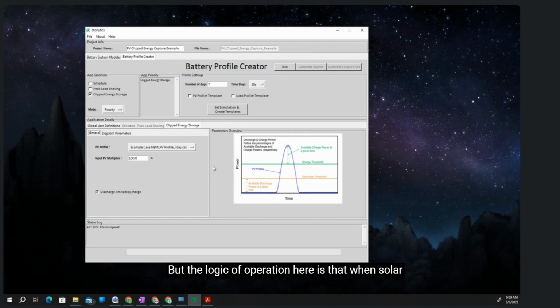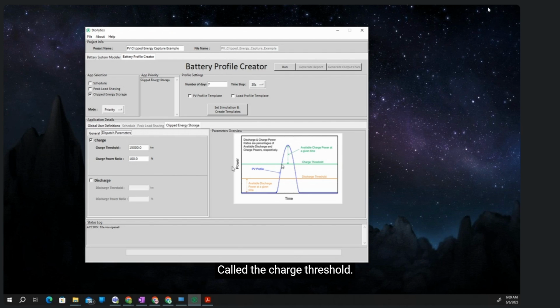But the logic of operation here is that when solar goes beyond a certain threshold that we specify here, called the charge threshold, you're charging from solar. And when it goes below a certain threshold, you start discharging. And you can turn one or both on at the same time. In this case, we set it at 15 megawatts with a charge power ratio of 100%, which means if you have 16 megawatts, it'll be charging at 1 megawatt.